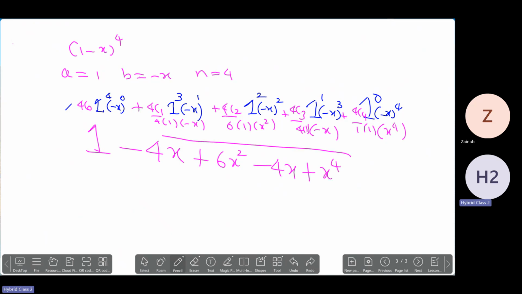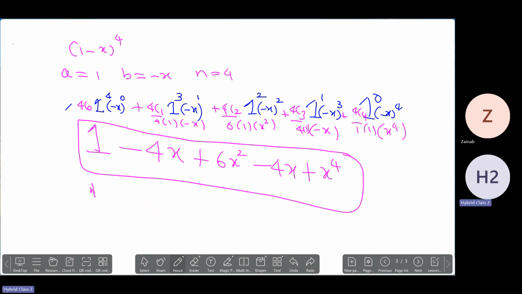So this is the answer after expanding completely. 1 minus 4x plus 6x squared minus 4x cubed plus x to the power 4. If they tell you to simplify, you can also write it in descending order.